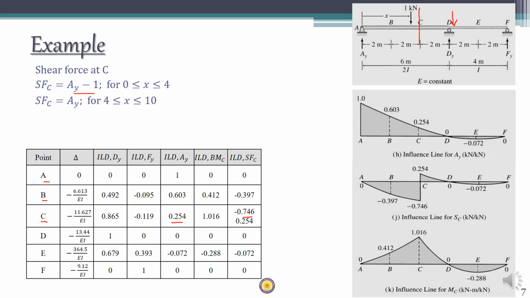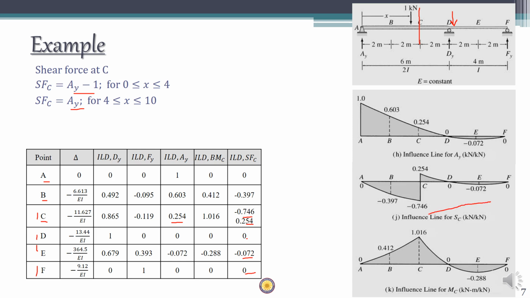So shear force is going to be nothing but the same as ay when the x value is varying from 4 to 10, which includes C again, D, E and F. So at C, D, E and F, the shear force values will be the same as the values of ay, which means 0.254, 0, minus 0.072 and 0. So if you plot this, you can see that at C there are two values of shear force. So if you do the plotting, the ILD diagram will look something like this.